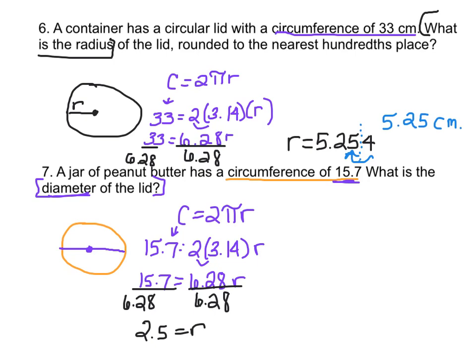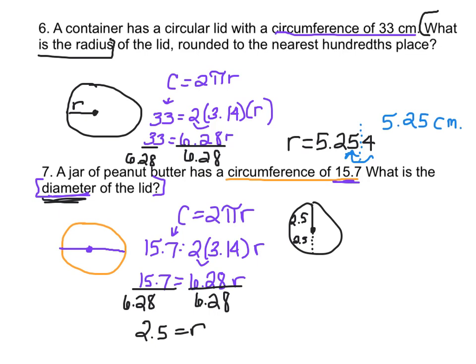This problem, however, is asking to find the diameter. So think back, if I have a radius of 2.5, if a radius is half a diameter, then in order to get the diameter given the radius, I'm going to multiply by 2, because this side would also be 2.5.